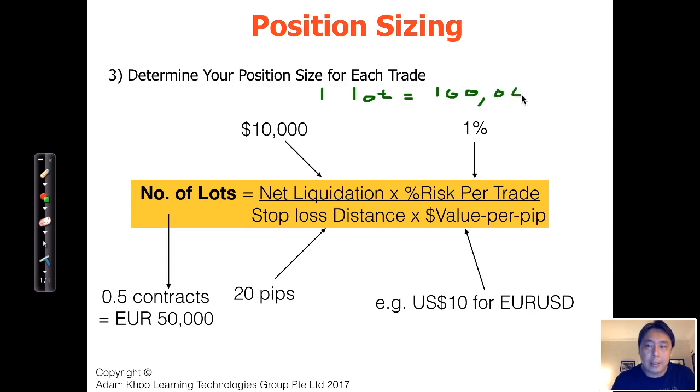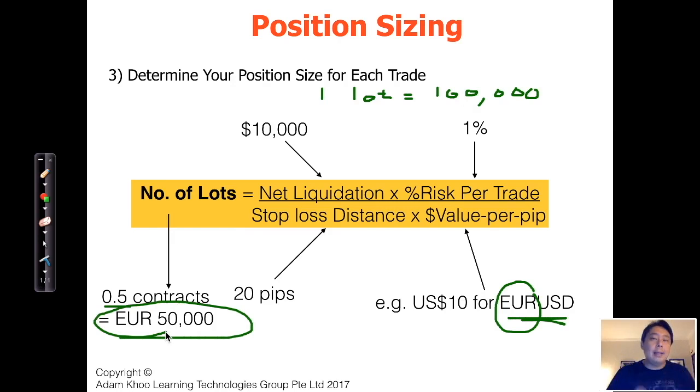In this case, the base currency is Euro, right? So one lot is 100,000 euros. So 0.5 lots would be 50,000 euros.